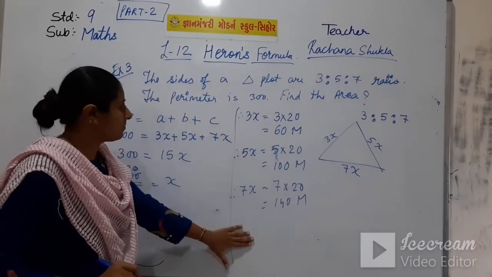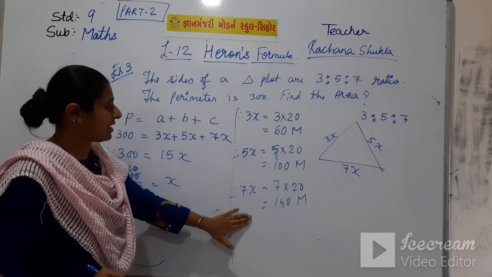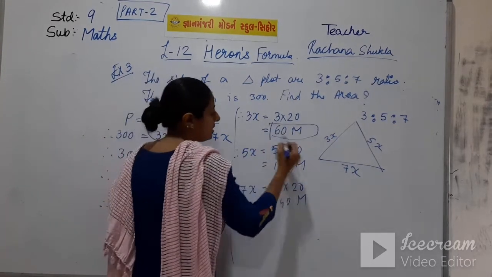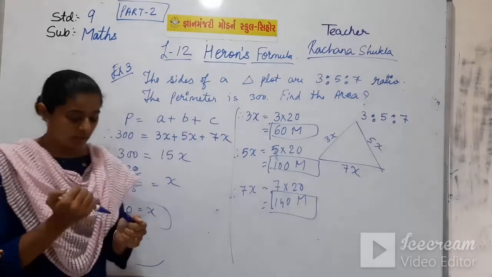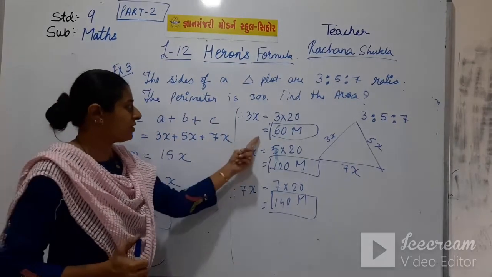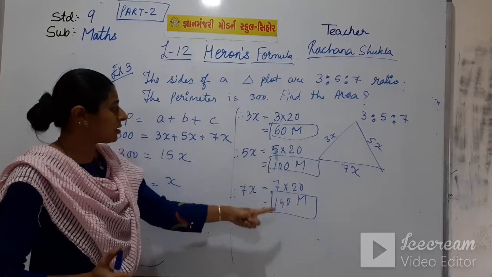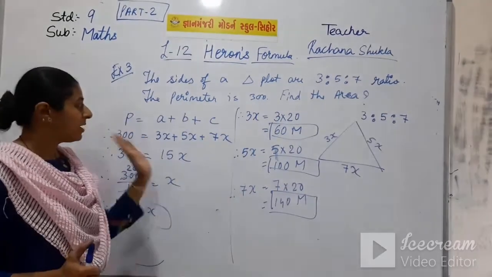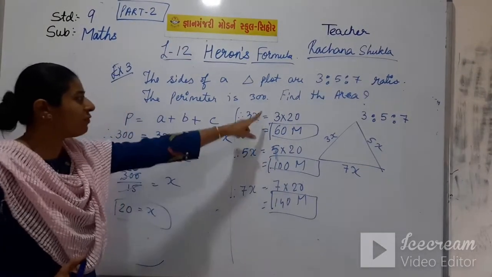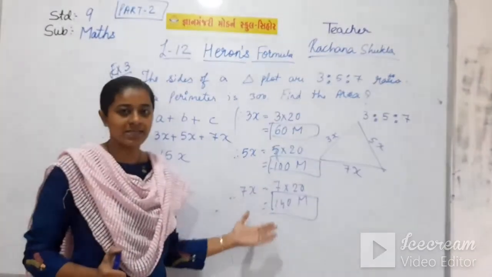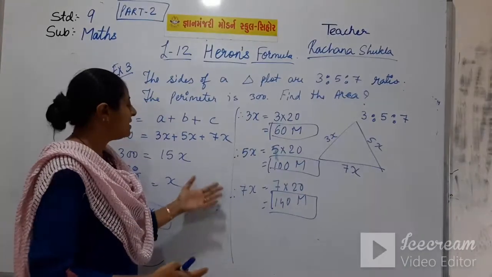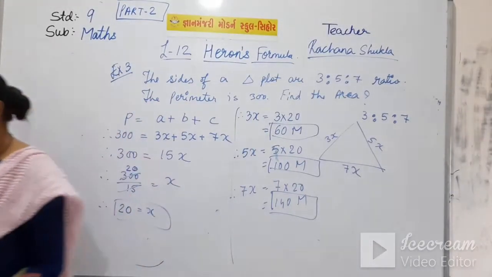You got 3x, 5x and 7x: the values are 60 meters, 100 meters and 140 meters. The three sides of the triangle are 60, 100 and 140. The total is 300. Now we will find the area. First, note down the sum in your example book, then we will start the second part of the sum.